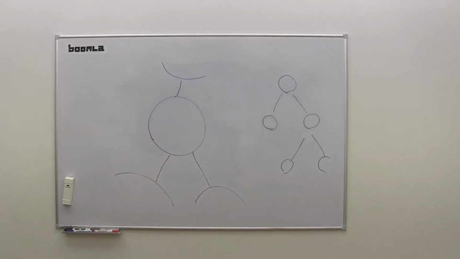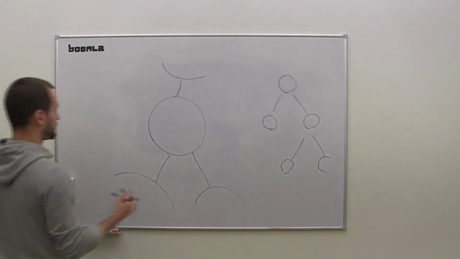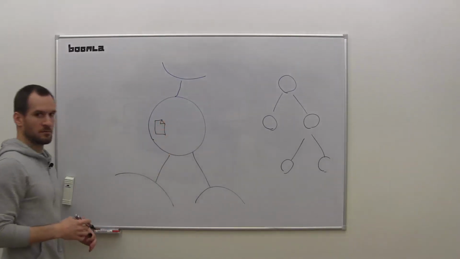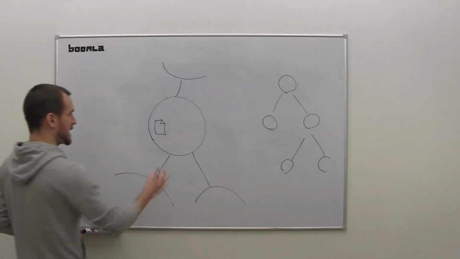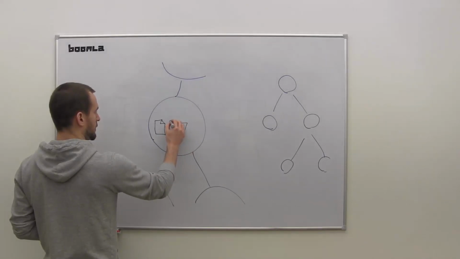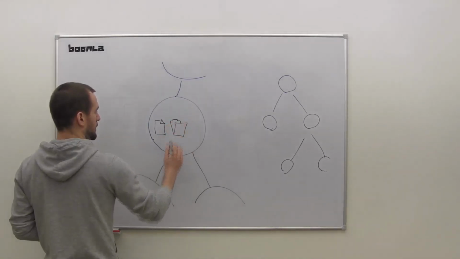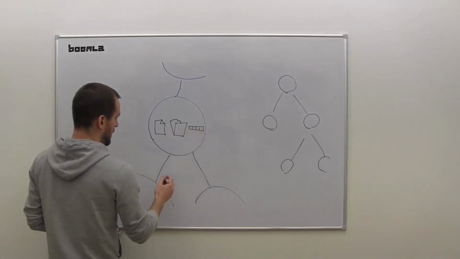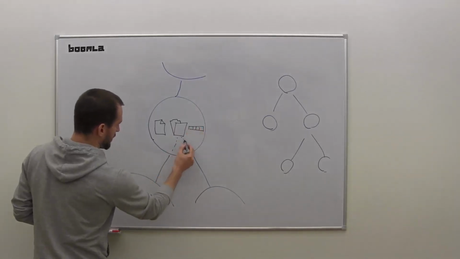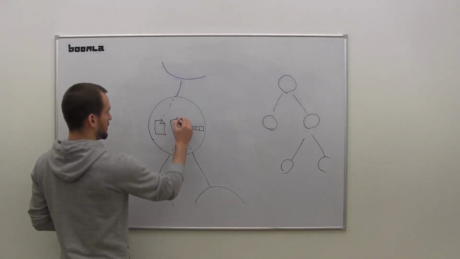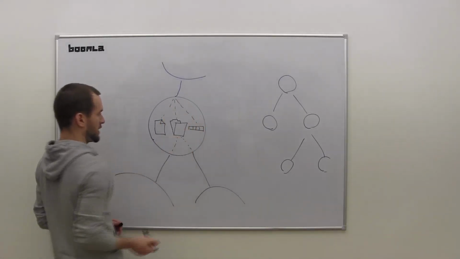First of all, the file works like a file. Second, it works like a directory. And third, it works like a database record. And then the children are stored in it like it's a directory.